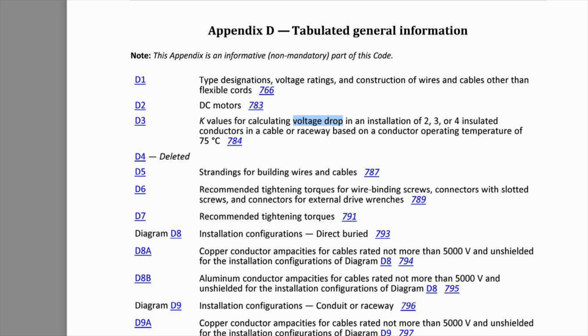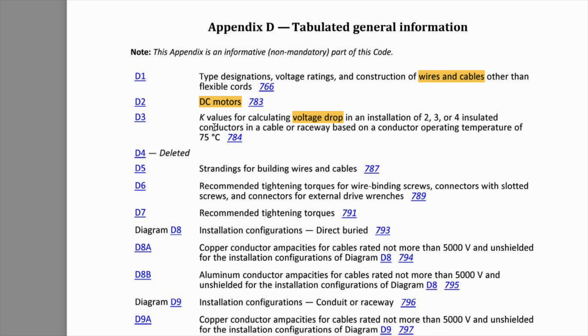So table D3 is about voltage drop, D2 is about DC motors, FLA of them, and D1. These tables are the most important tables in Appendix D. This one is about some features of the wires and cables.